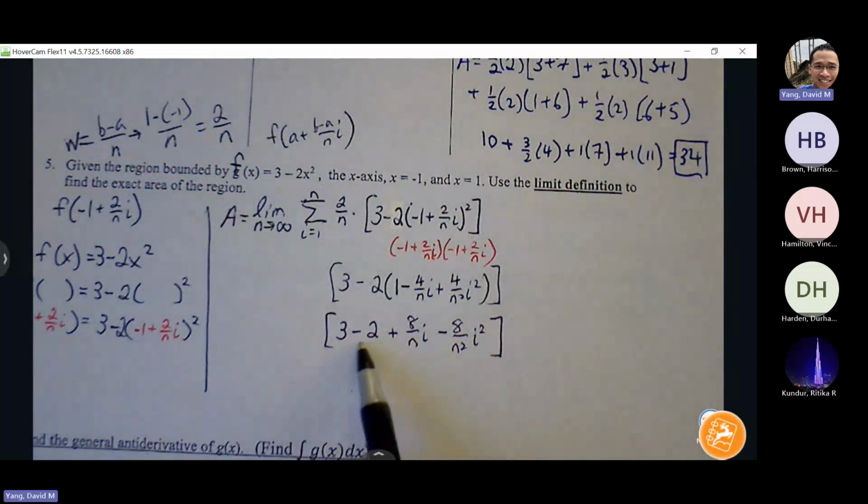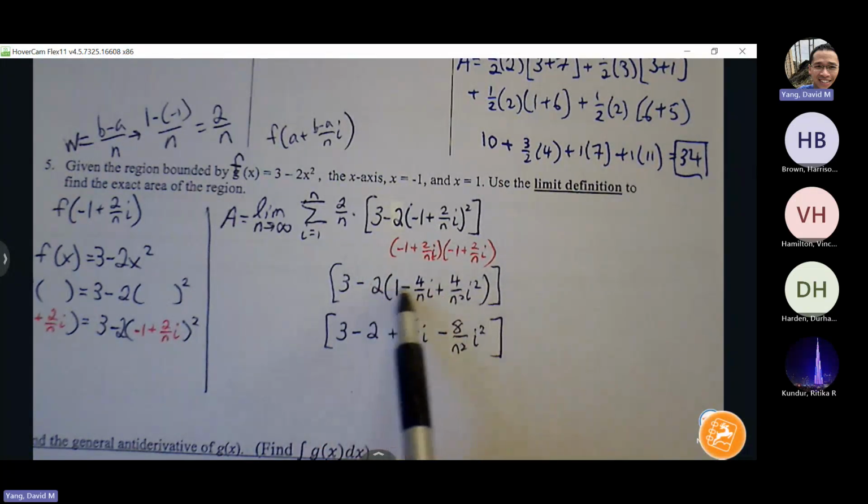Now I can merge the 3 and 2 together. So I don't want to do 3 minus 2, because order of operations tells us multiplication has to be taken care of first before any addition and subtraction. So now I can combine the 3 and 2.